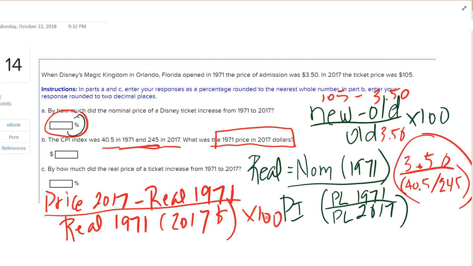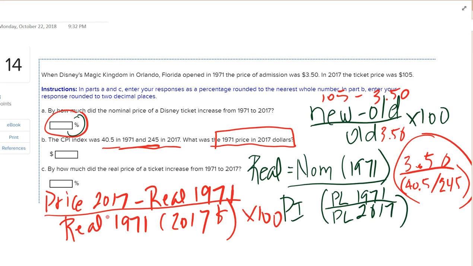So this is essentially the percent change from 1971 to 2017. The price in 2017 minus the price in 71 calculated in 2017 dollars, which we call the real price, divided by the old price, which was the real 1971 price calculated in 2017 dollars.